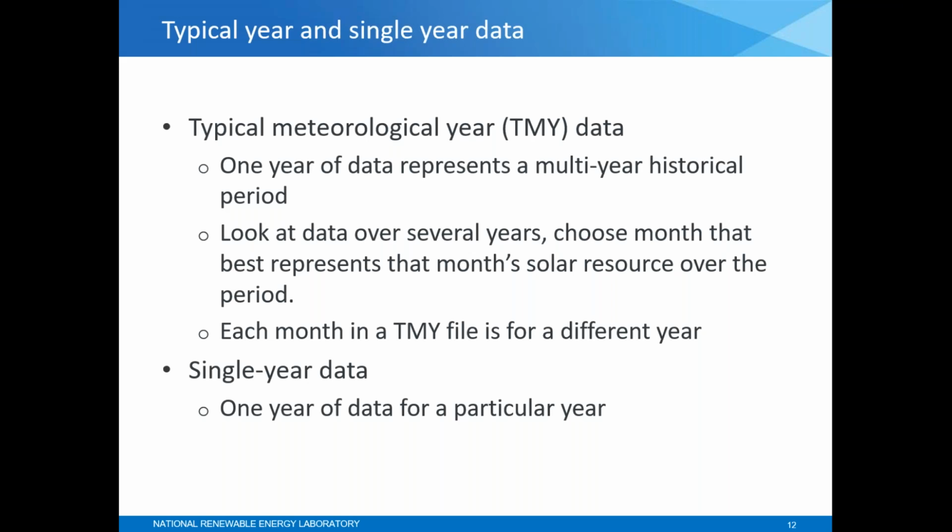I want to take a quick minute to talk about typical year and single year data because I'll be referring to it later. So a typical meteorological year file is a file that's 1 year's worth of data that represents a historical period of many years in the past. And it's built by taking months from each of the years in the historical record.